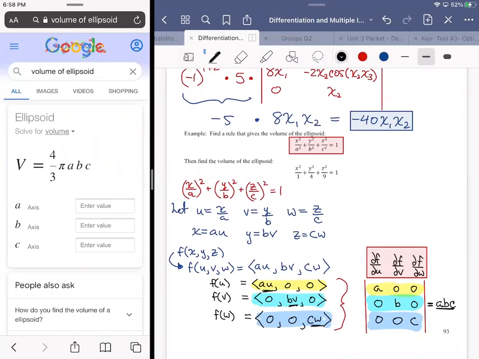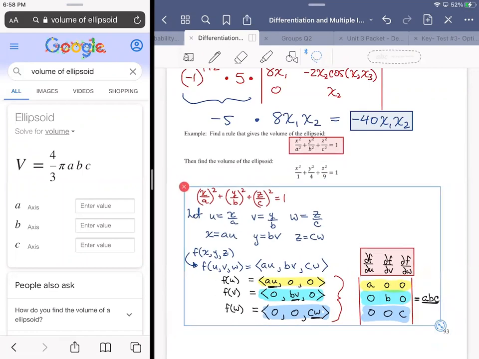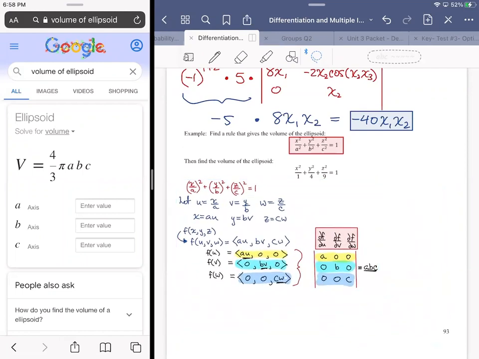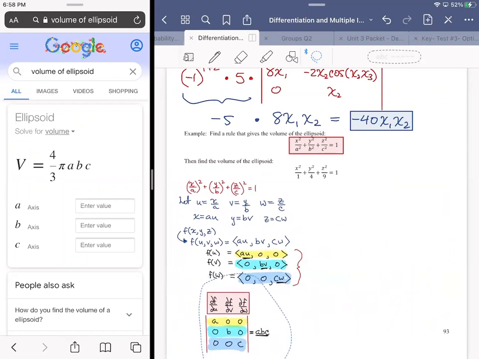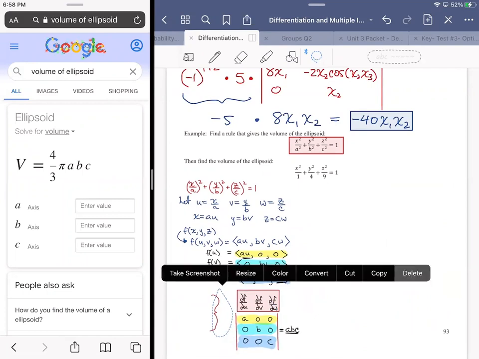Unfortunately, that didn't get the job done because GeoGebra's being obnoxious right now, or maybe I'm just misremembering how to type it in. I'm not 100% sure that's what happened.